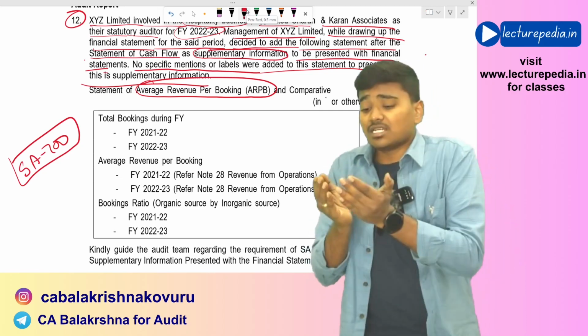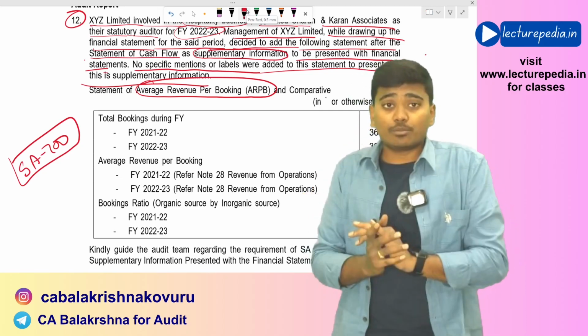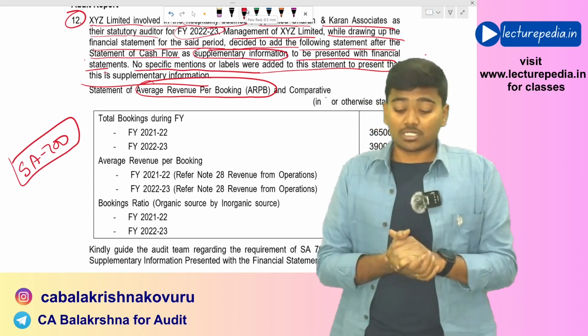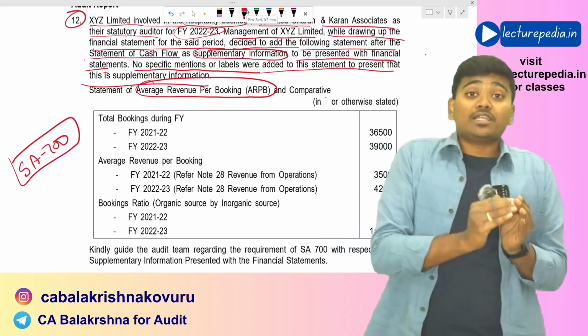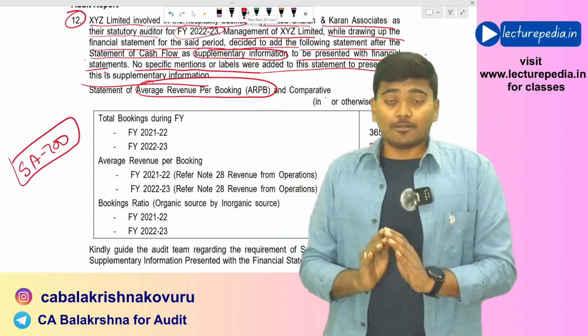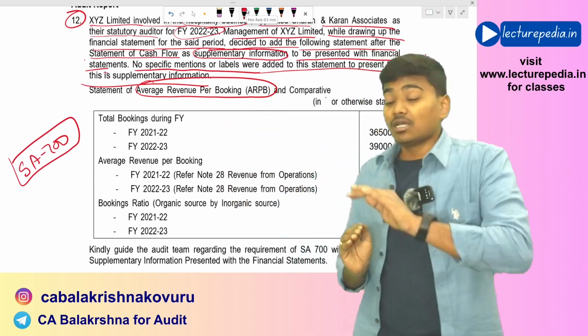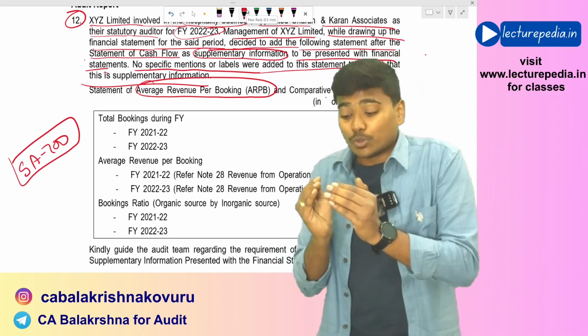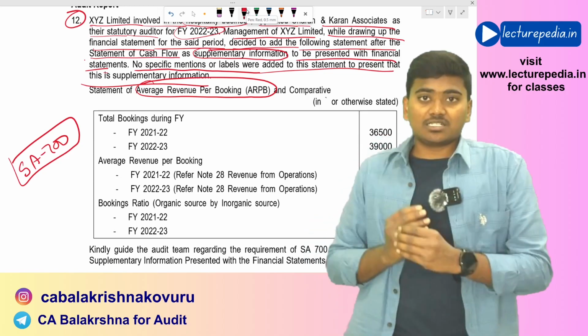But in fact, it is not an integral part, and the auditor has not given his opinion on it. In that case, the auditor needs to request the management to properly present this supplementary information apart from the financial statements, and not include it as a part of the financial statements.